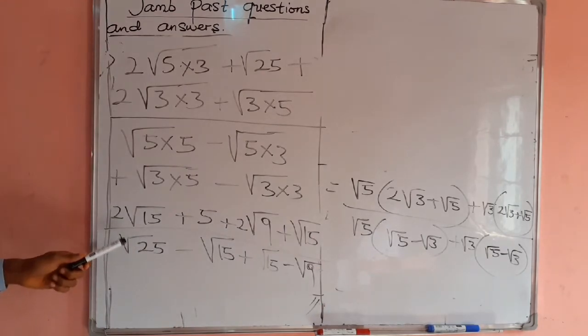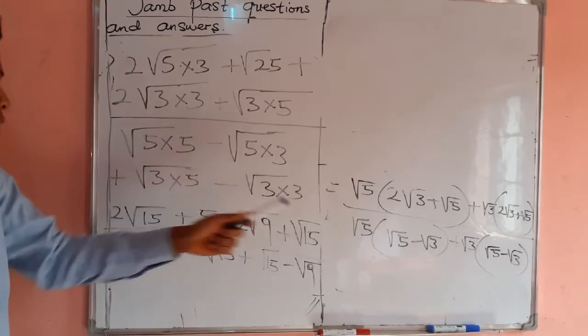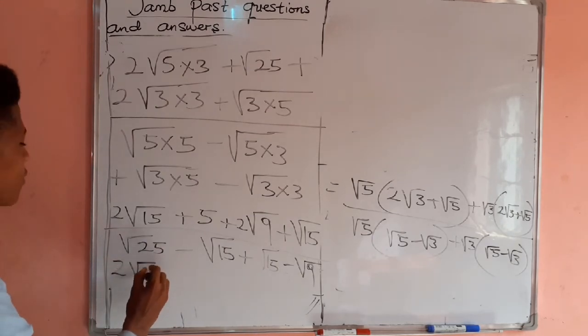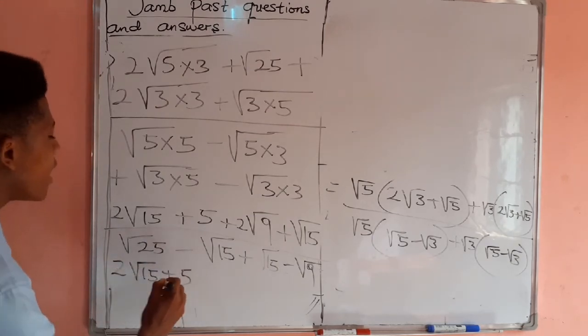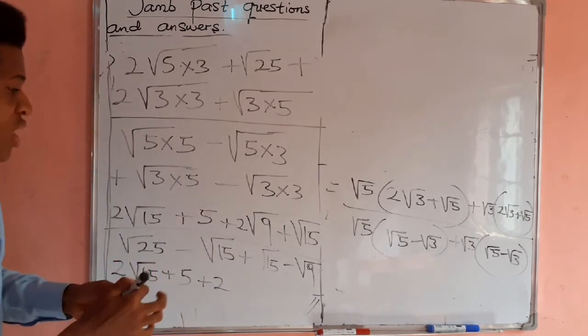Okay, a close study of this now. 2 root 15 plus 5 plus 2 root 9 plus root 15. Now let's rewrite this. It will be 2 root 15 plus 5 plus 2 root 9.